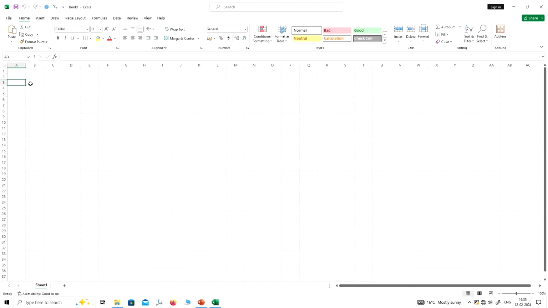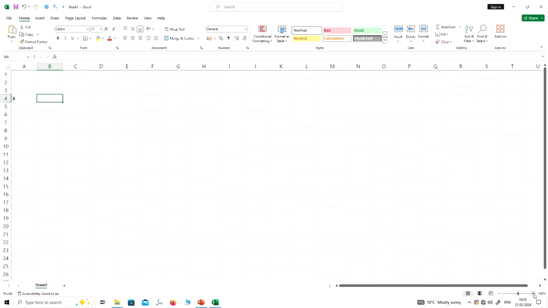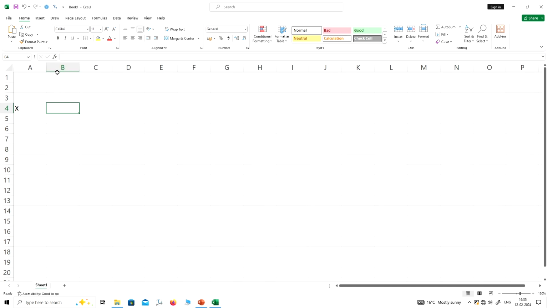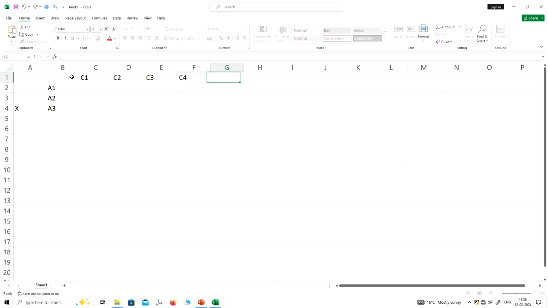I will put x here, and zoom in on the values for better visibility. Here I will consider A1 as alternative 1, A2 as alternative 2, A3 as alternative 3. Similarly, criteria C1, C2, C3, C4, C5.